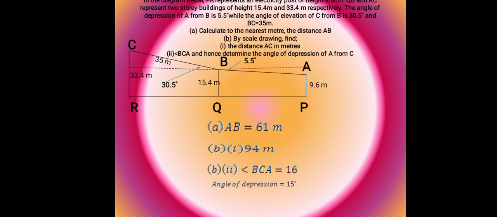A, calculate to the nearest meter the distance AB. B, by scale drawing, find the distance: 1, the distance AC in meters; 2, the angle BCA, and hence determine the angle of depression of A from C.